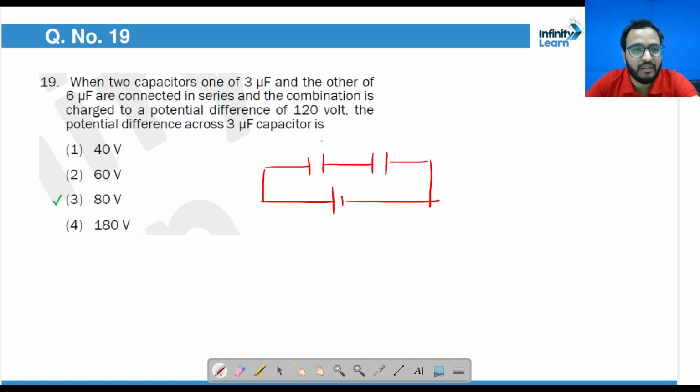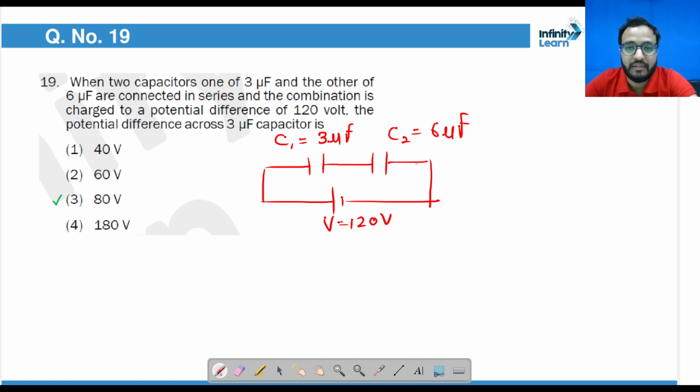Either you go with some logic or you go with the concept I'm going to tell you now. Either you can say, sir, it's very easy: the charge on the capacitor, Q and minus Q, will be the same, since they are in series.